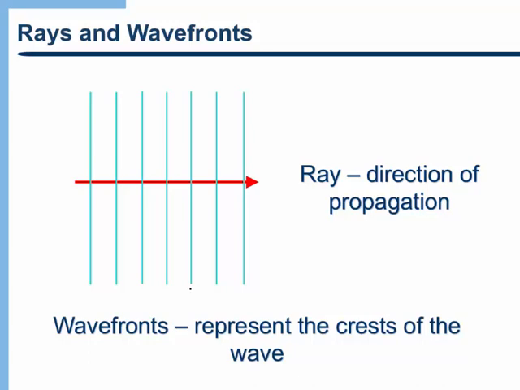So the distance between each wavefront is simply the wavelength of the wave. In the last video I said, think about a wave that looks like this, but that is extended both in and out of the paper. And if you were looking at it from the top and you drew a line for each of the crests, those lines are the wavefronts. So we're going to use this concept to understand refraction.